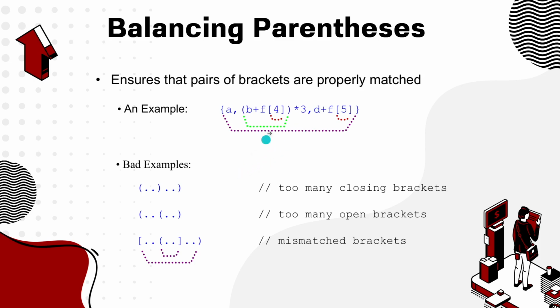And there are some bad examples of using these parentheses or brackets which I have summarized here. So here you could see that there is one opening bracket and of course there are two closing brackets, and you could see here there is an imbalance. And in the second example also you could see there are two open brackets whereas we have only one closing bracket, which means another closing bracket is missing here.